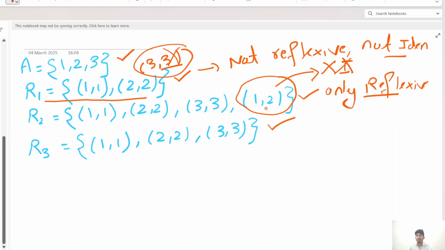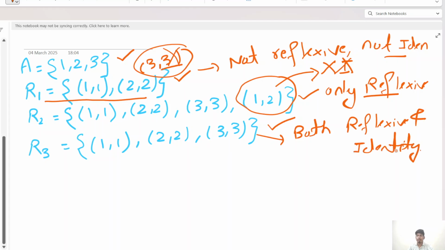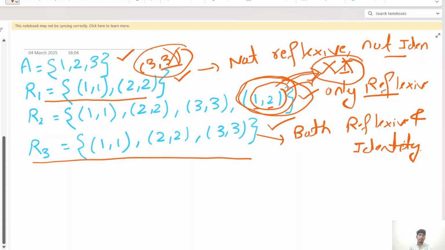And this relation R3 is both reflexive and identity relation. In R2, (1,2) does not go to identity, because in identity every element is mapped or related with itself only. This 1 is related to 2, so it is not an identity map.